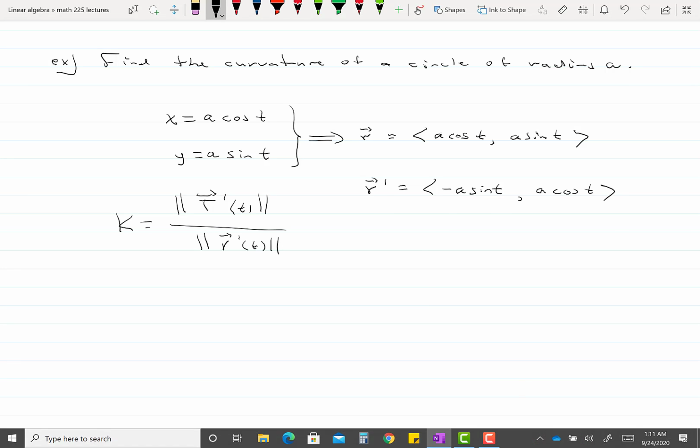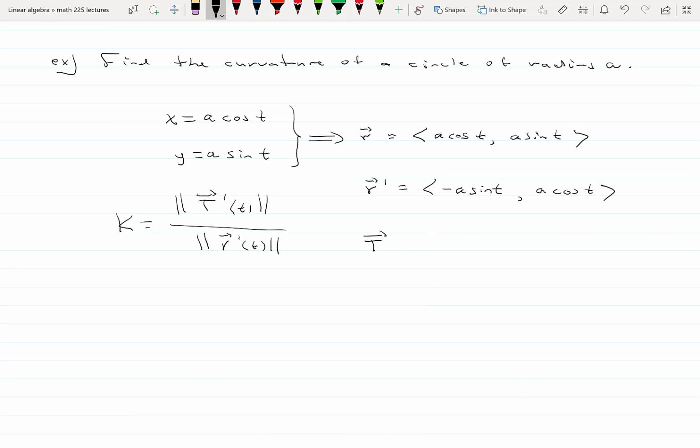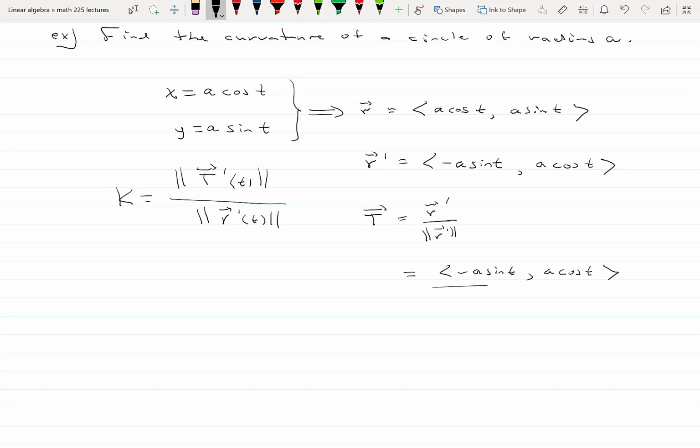Okay, so what is the unit tangent vector? The unit tangent vector is r prime over the length of r prime. By now that should be familiar to you. It was in the last section. So this is the vector negative a sine t, a cosine t, divided by the length of that same vector. What's the length of the vector whose components are negative a sine t and a cosine t?